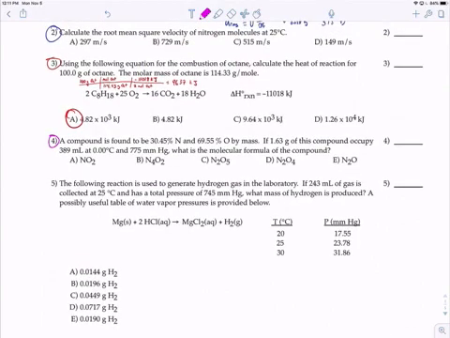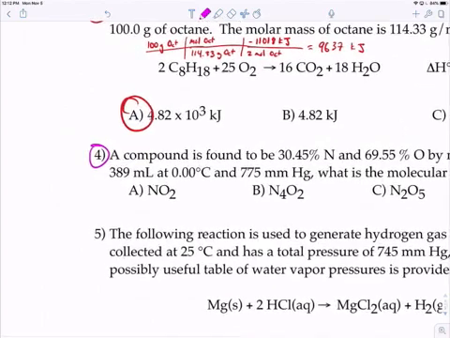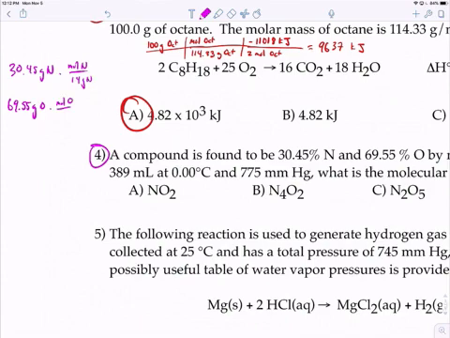Okay, so this is the percent stuff, so 30.45 grams nitrogen, 69.55 grams oxygen, times mole nitrogen to 14 grams nitrogen, times mole oxygen to 16 grams oxygen.